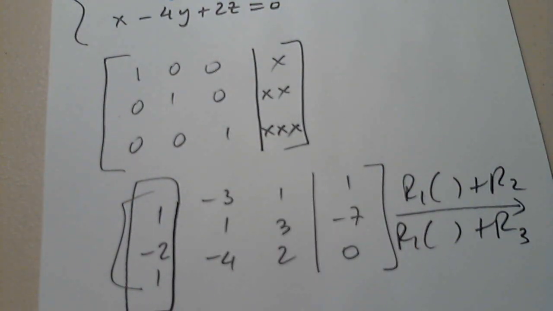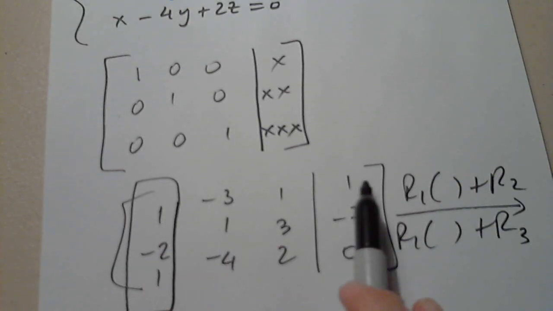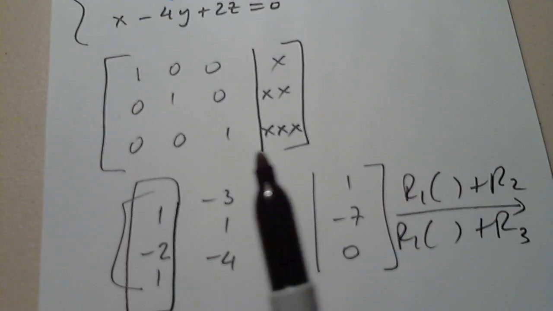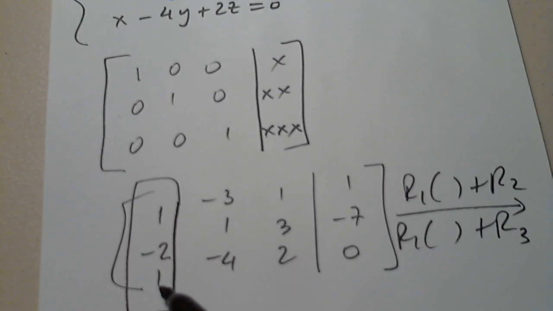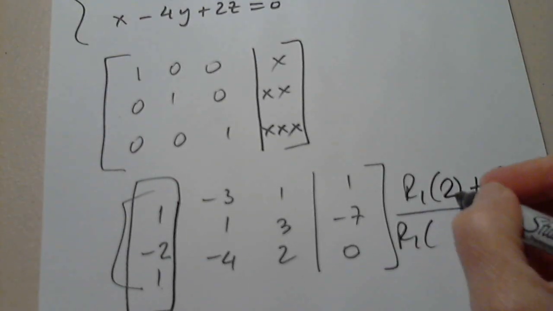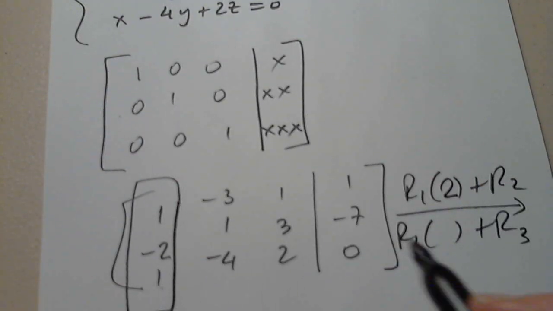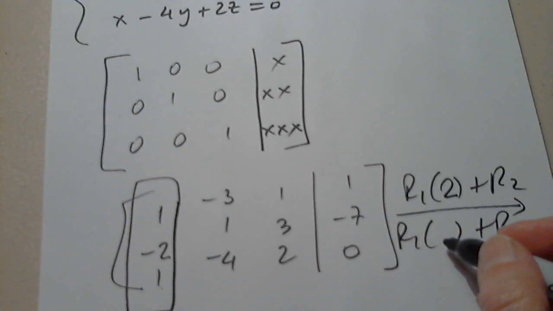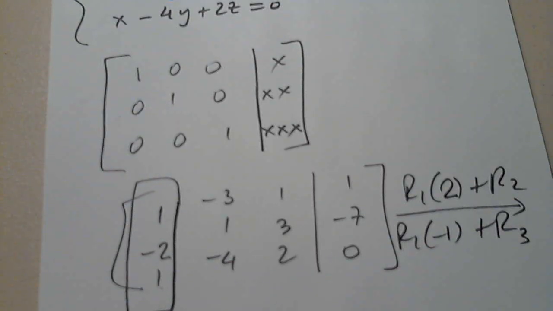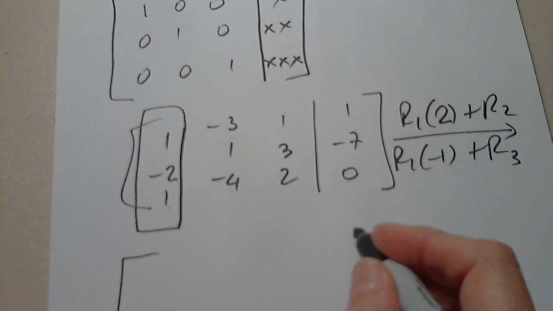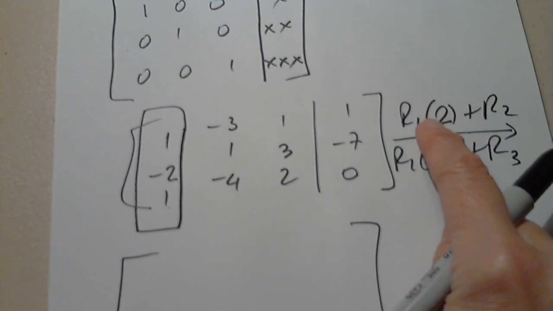We are only looking at the first column. We are multiplying row 1 by something to eliminate this, and row 1 by something to eliminate this. It will be 2 then, sorry. Good. And for this one? Negative 1. That's it. So now we copy the row that we multiply.